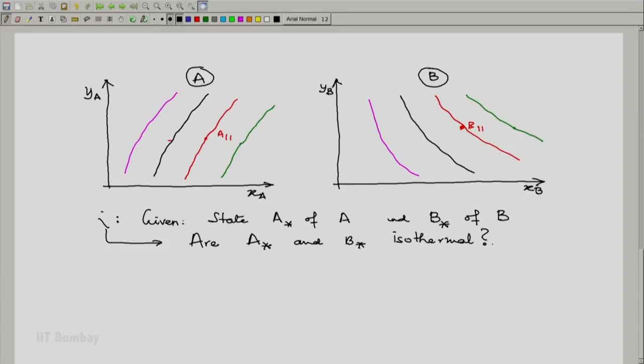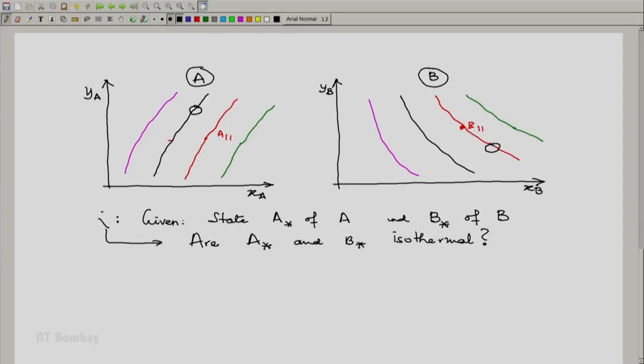If we have mapped the state space of A and the state space of B very nicely, then all that we do is locate A star in the state space of A. It is possible that A star happens to lie on the black isotherm, and it is possible that B star happens to lie not on the black isotherm but some other isotherm, say the red isotherm.